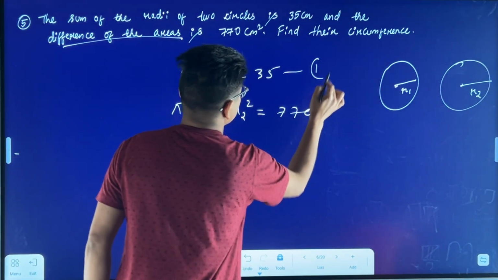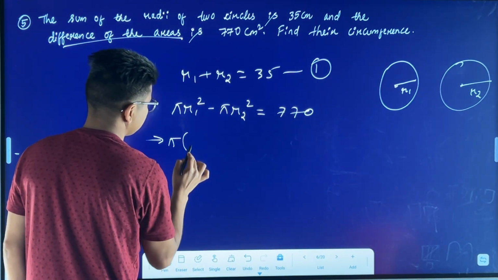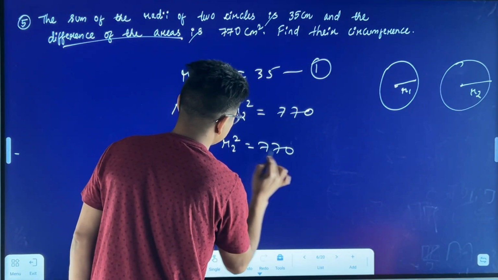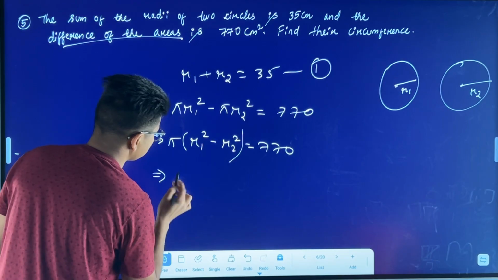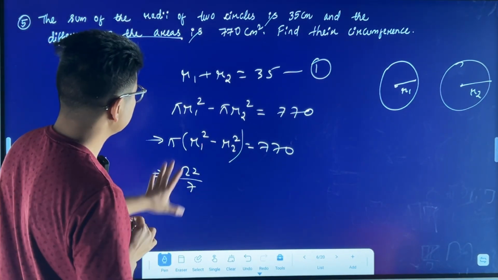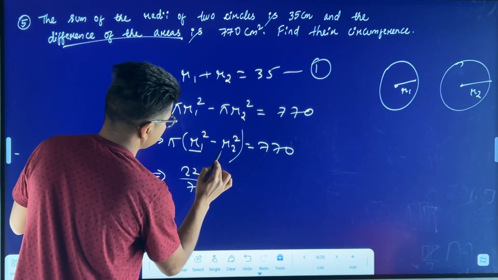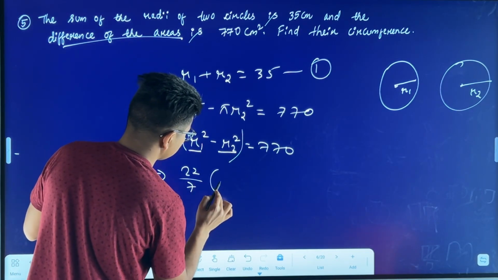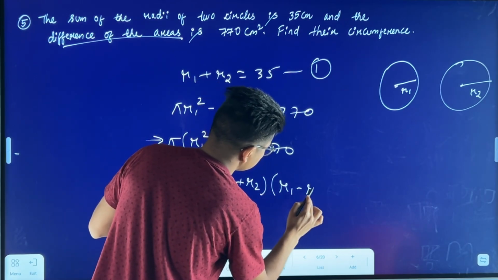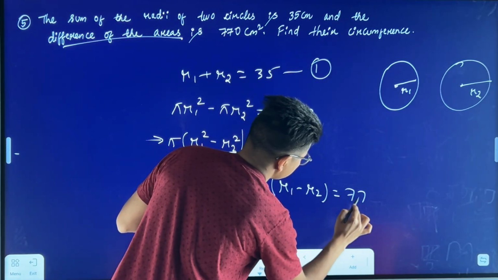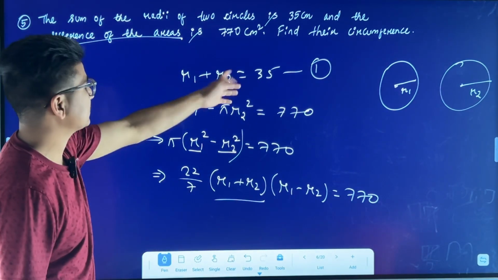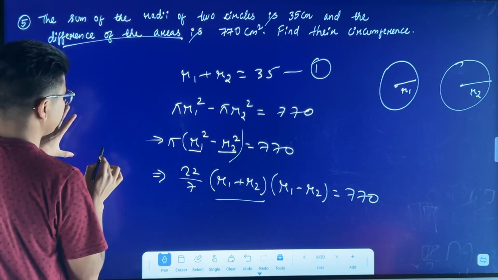Let's say this is equation number 1, and pi can be taken common. r1 square minus r2 square equals 770. Then in place of pi, I can write 22 by 7. This is a square minus b square, so can I apply the formula? a square minus b square formula is (a plus b) into (a minus b) equals 770. In place of r1 plus r2, it is 35. Given 35, right?